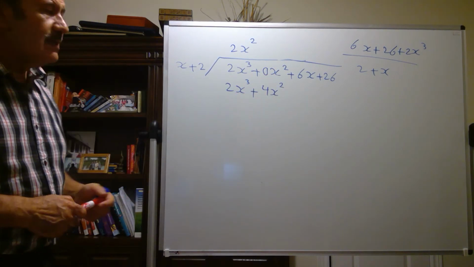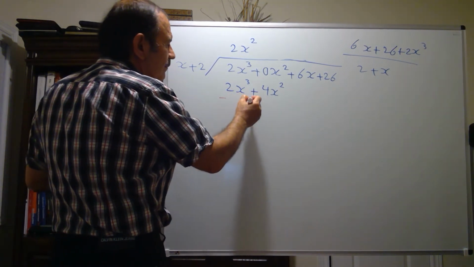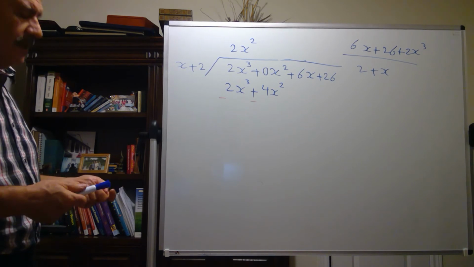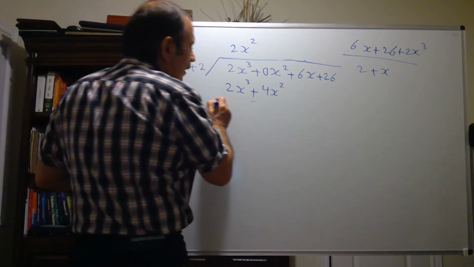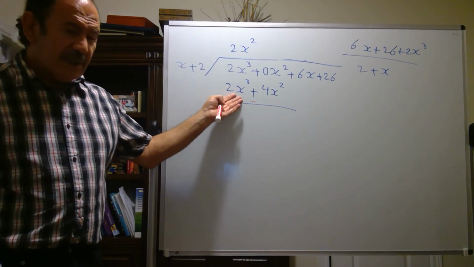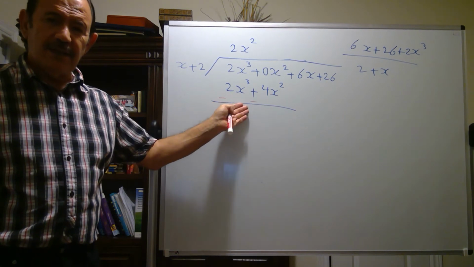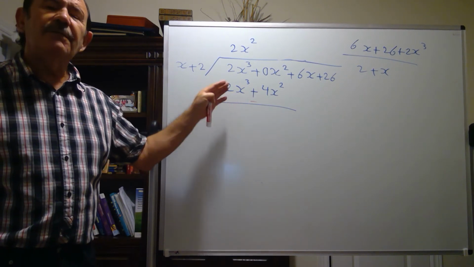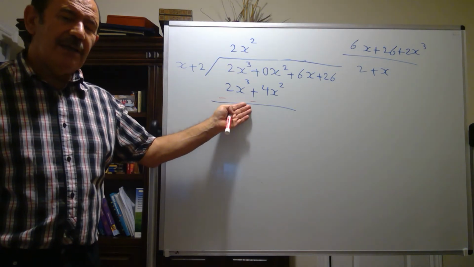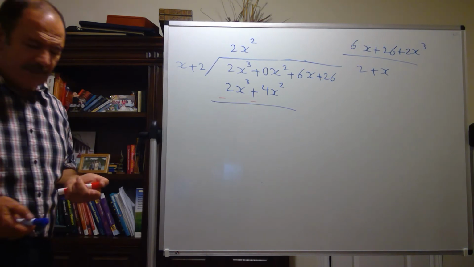Now, change the sign to the opposite. If it's positive, make it negative. This one is positive, make it negative. If it was negative, make it positive. Now, add top and bottom. Remember, we should subtract the bottom from the top. That's why we are changing the sign, which can be easier than remembering the subtraction.